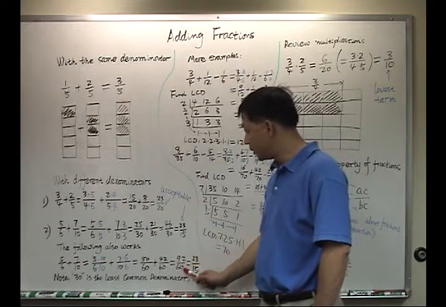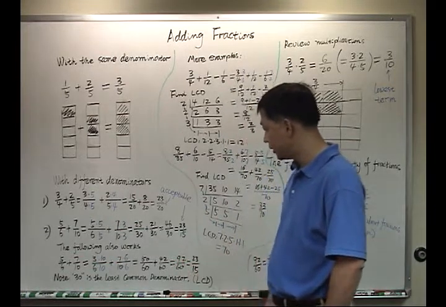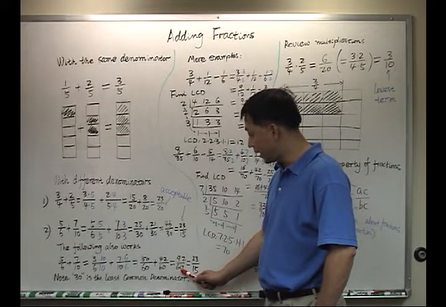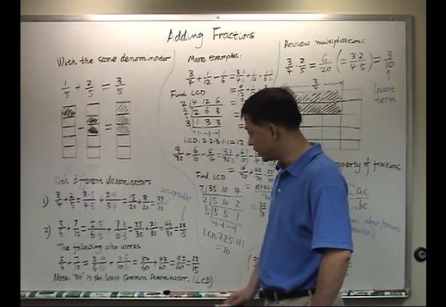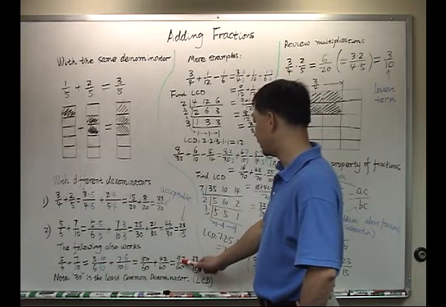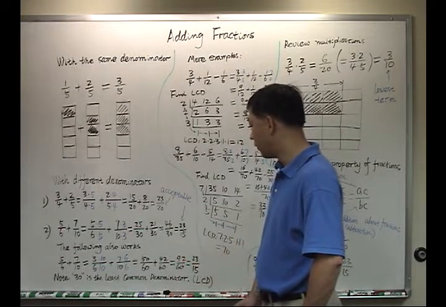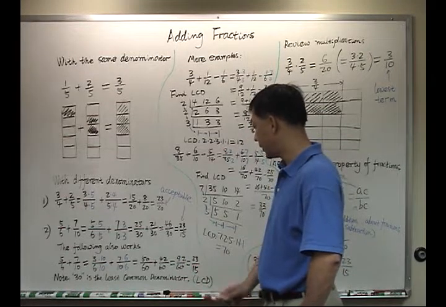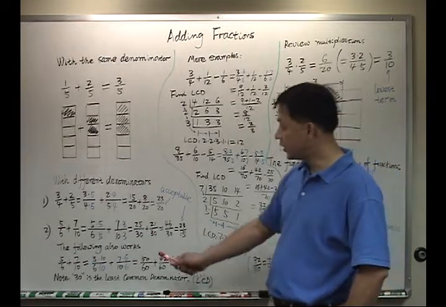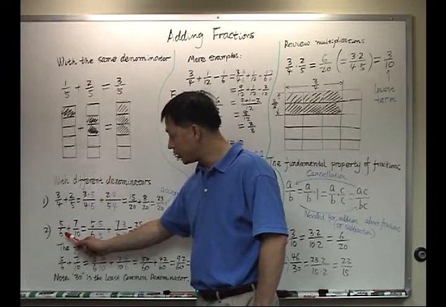Then this one can be reduced. 92 over 60, you see 60 can be divided by 4. You have a 15. Okay? And then let's see, right here, you have a 92 divided by 4, that's 23. Okay? That's 23.